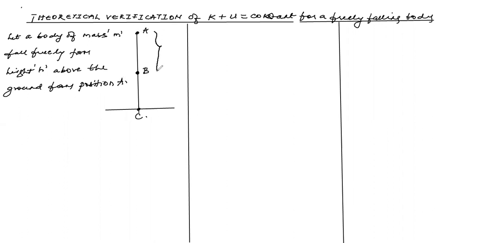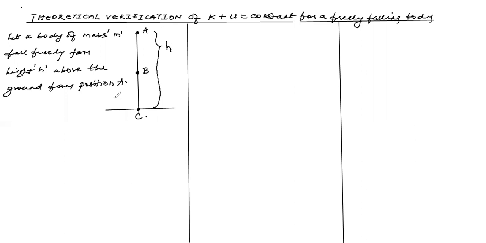So this is your height h, beta. So let a body of mass m fall freely from height h above the ground from position A. That means the body is going to fall freely from point A.